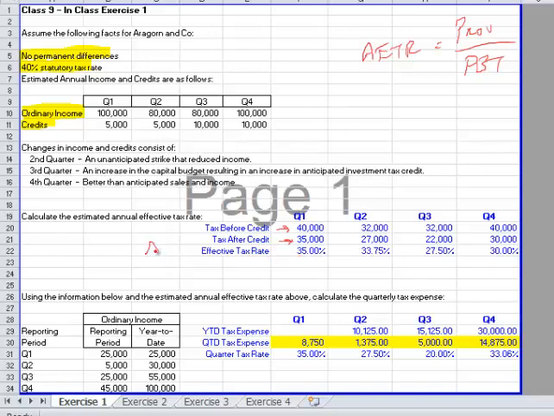So my AETR for the year would be that $35,000 of forecasted tax expense divided by my $100,000 of income. And if I take that 35% times my Q1 income, which I said over here is 25,000, that will give me 8,750.